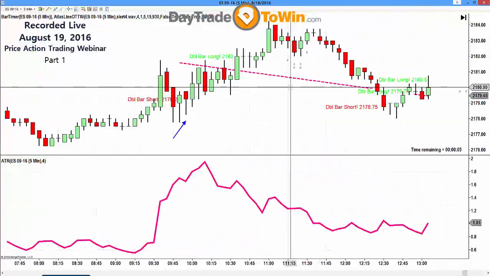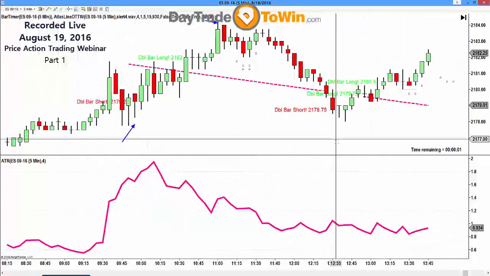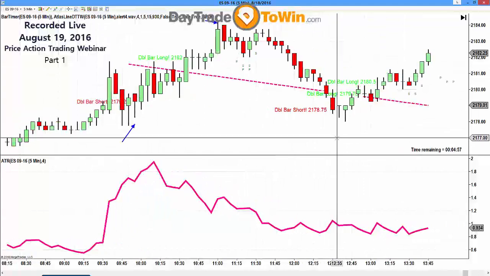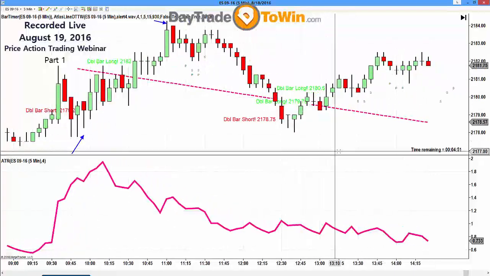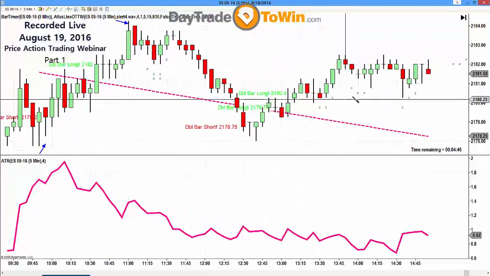One wick like this, meaningless. But when you have a grouping, I would say 3 or 4, that is much more important. So I'm interpreting what the candles are doing to help me understand how to process the next trade. You see how we have these strength trades and pullback trades.